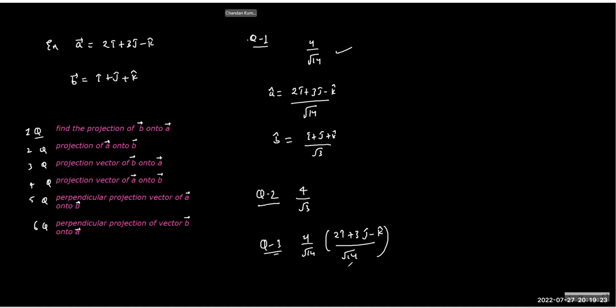So you can take some time to realize this. So anyone getting this answer? Question number 3. Yes, sir. 2 by 7 into this answer. And so you can do 4, 5, and for perpendicular projection, what we do? We find the parallel projection which we already have, and we subtract it from the A vector, right?